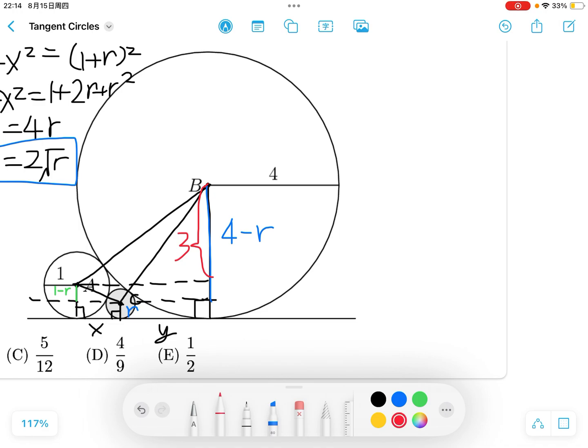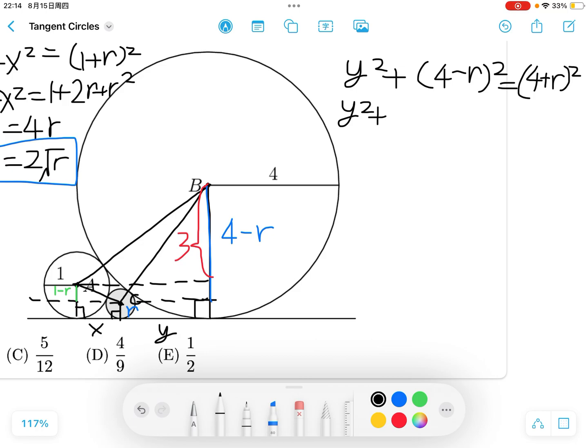On to the next triangle, let's just use this triangle over here. For that triangle, one leg is Y, so we have Y squared. The other leg is 4 minus R, so we have (4 minus R) squared. And then the hypotenuse is just the two radii summed, which is (4 plus R) squared.